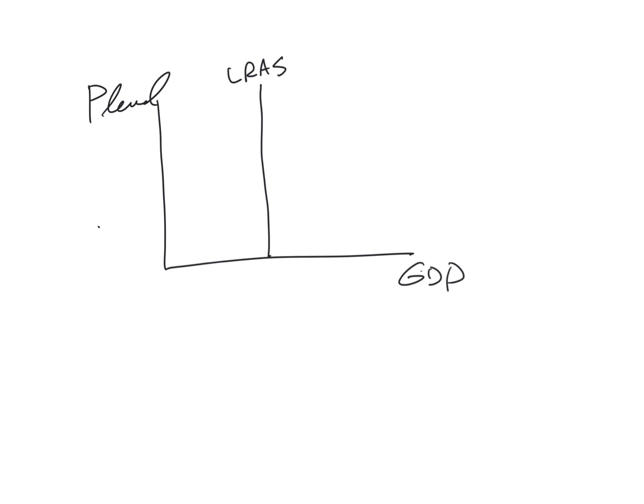Why is it independent of the price level? It's because of monetary neutrality, the proposition that says that nominal variables cannot have an impact on real variables. And since we're talking about the actual supply of goods and services, we're talking about real variables. They're measured in physical units.